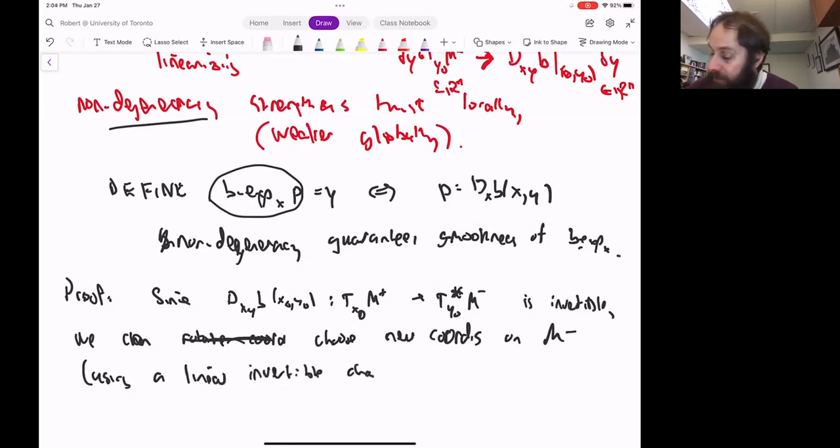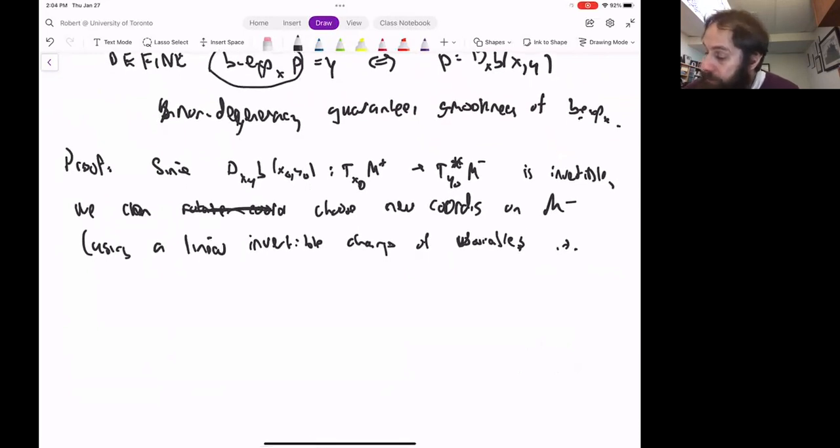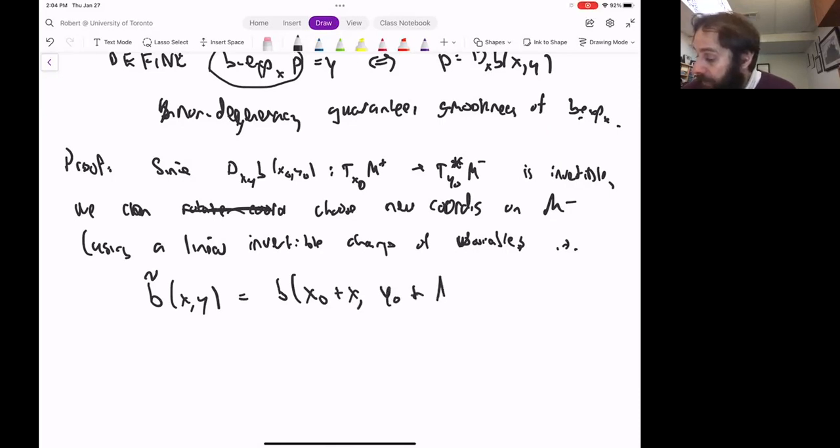Which are basically given by the inverse matrix to this guy. Such that if I define b tilde of x, y to be b of x naught plus x, y naught plus this linear mapping, Ay.